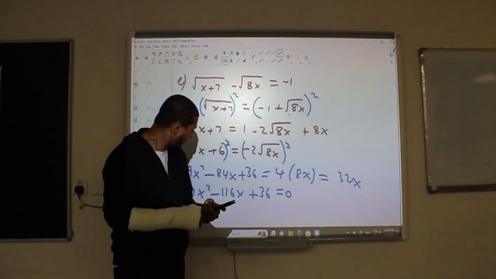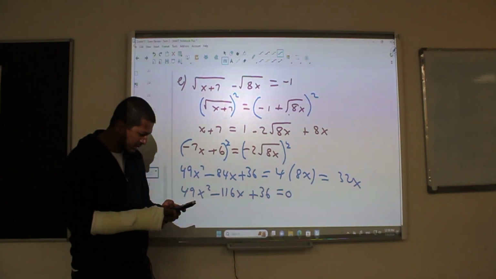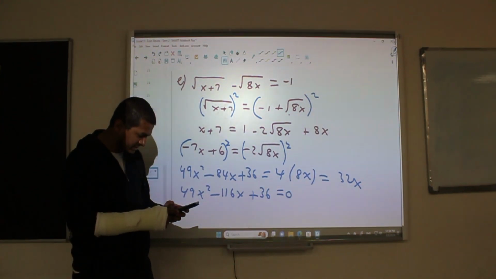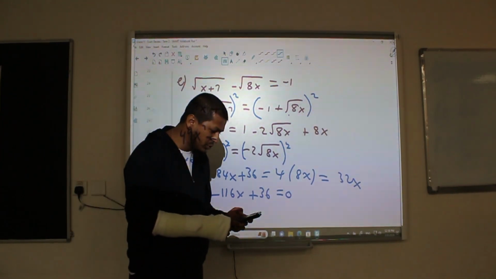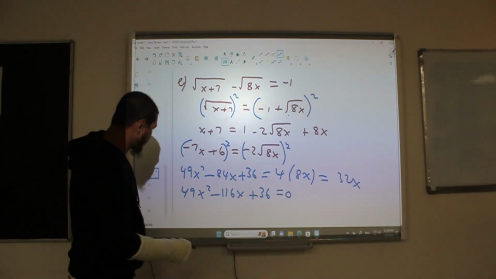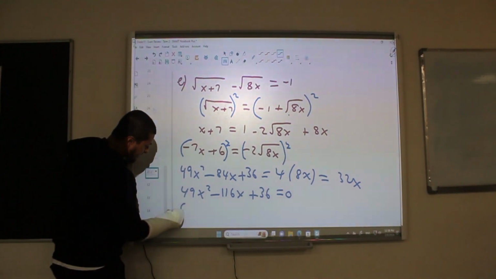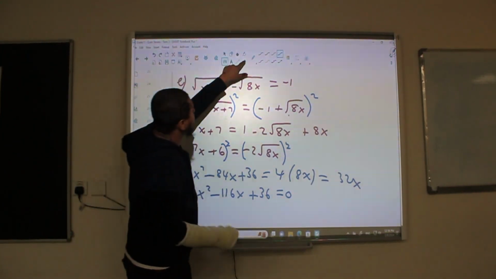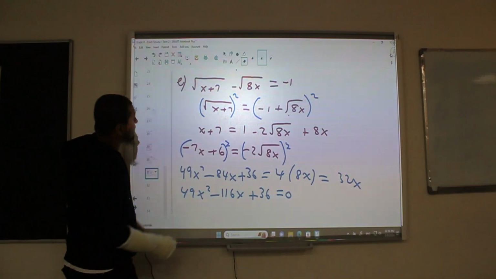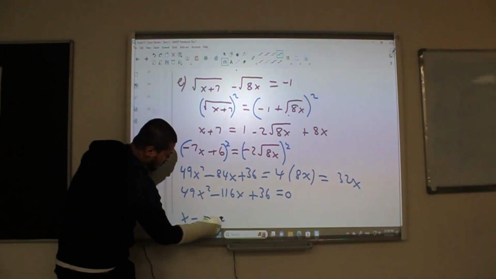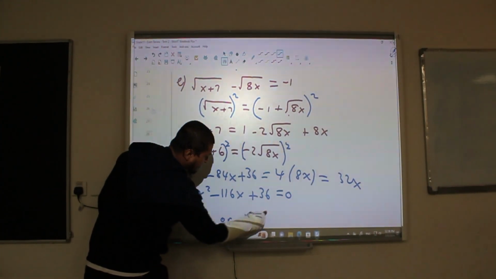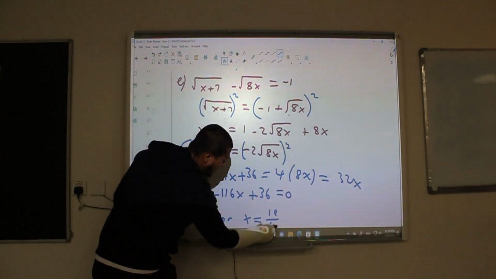Output 49, negative 116 and 36. So I'm getting two answers, 2 and 18 over 49. So x equals 2 or x equals 18 over 49.